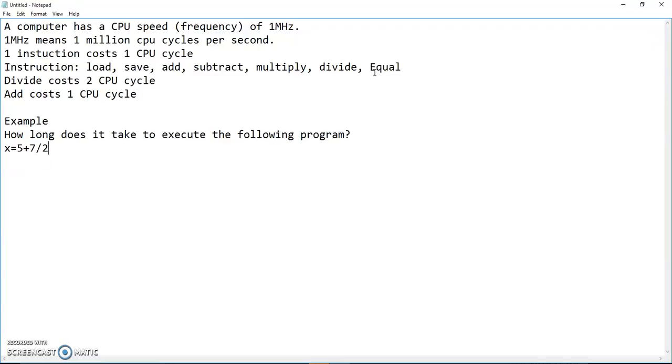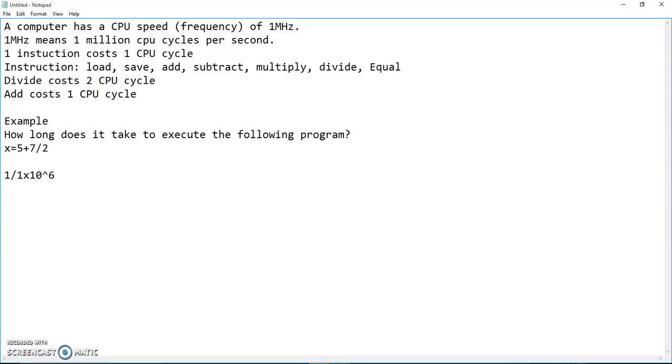Now, in order to calculate this, we say, hey, 1 megahertz, right? 1 megahertz means what? 1 over 1 times 10 to the exponent of 6, right?